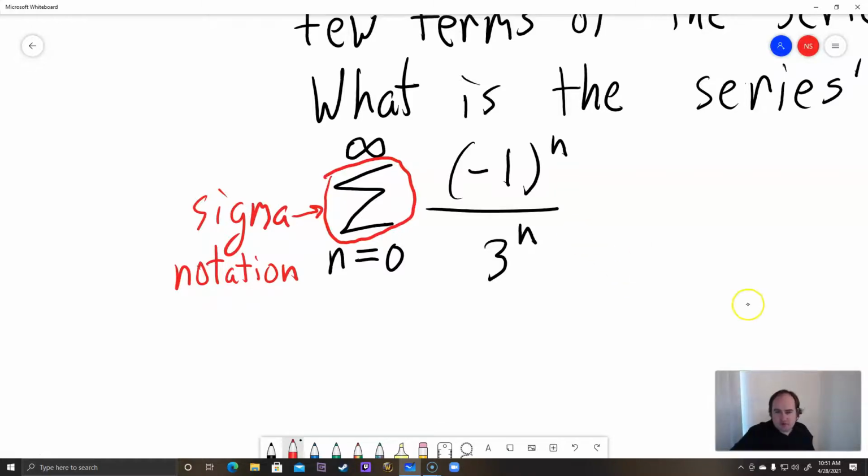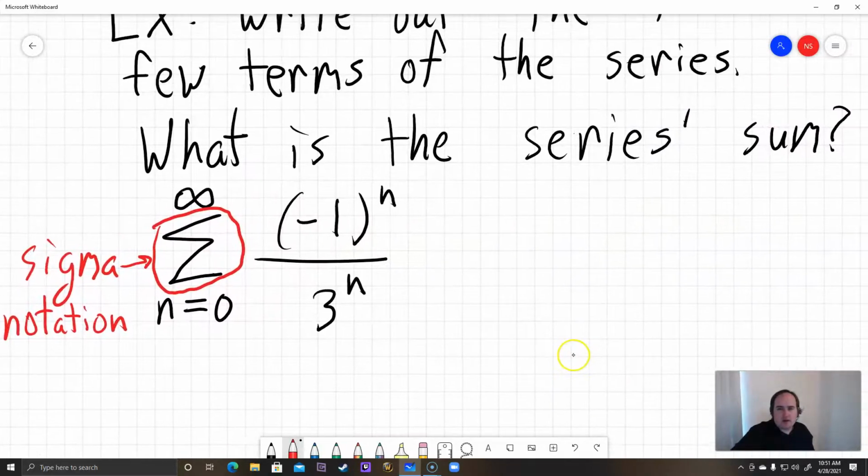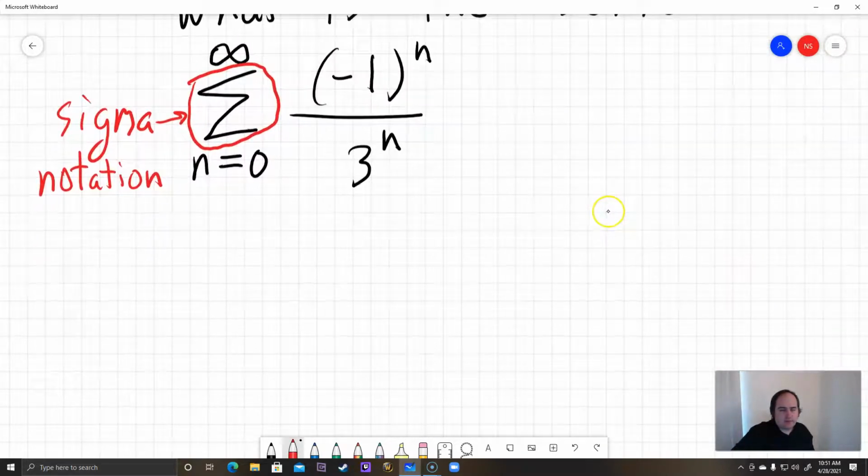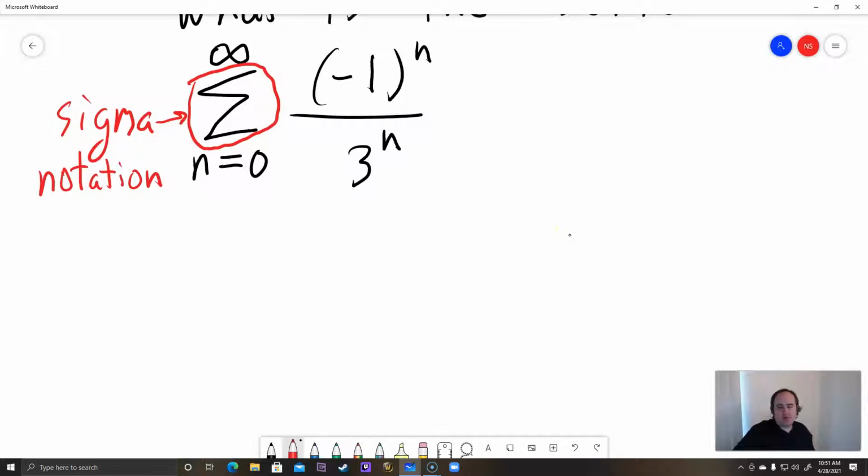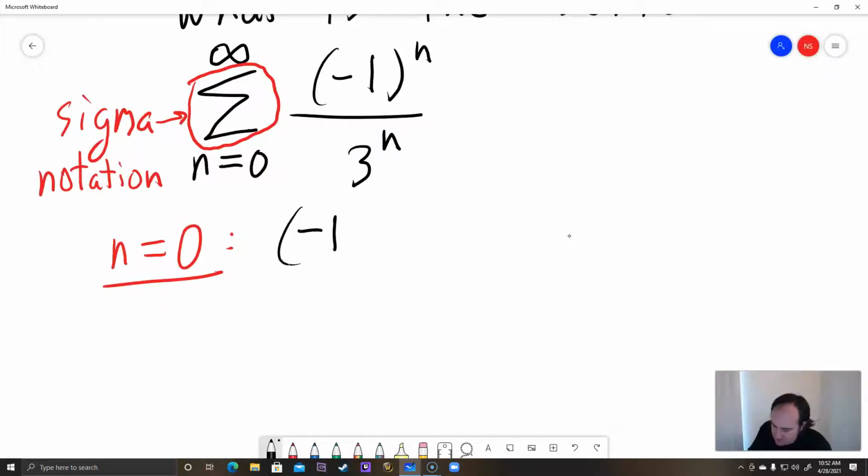Okay, so what are the first few terms of the series going to look like? Well, you just plug in different values. So the first term is going to be where n equals 0. So if n equals 0, the first term is going to be negative 1 to the 0 over 3 to the 0.